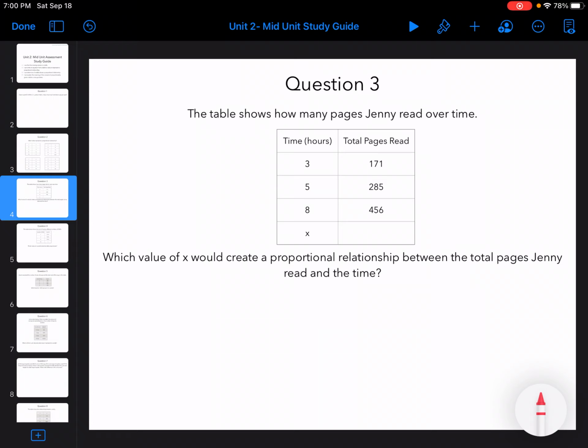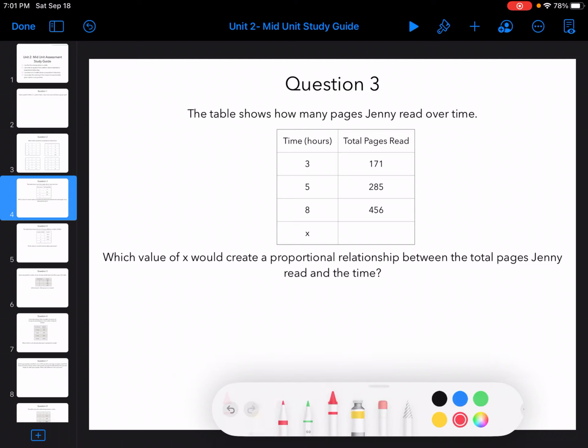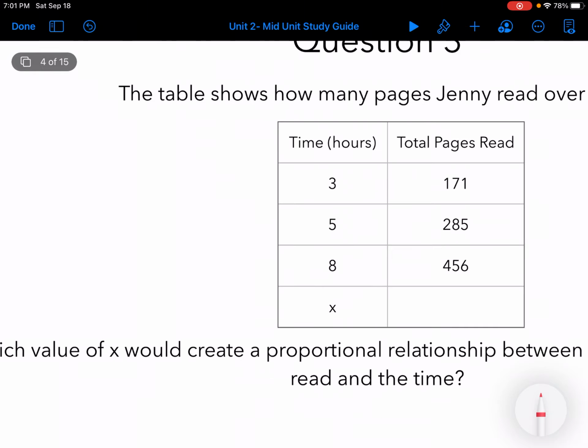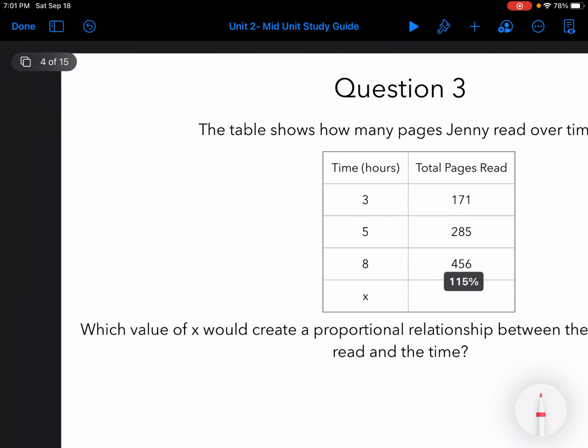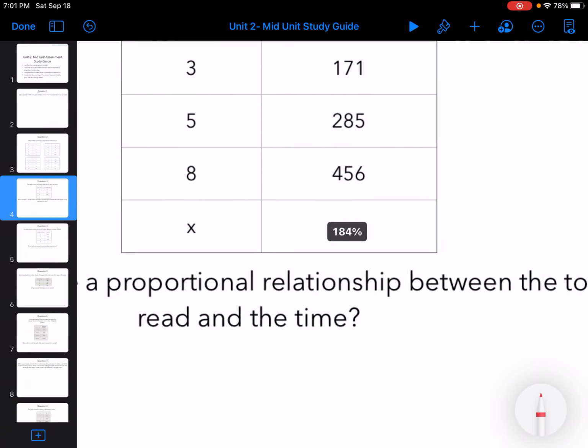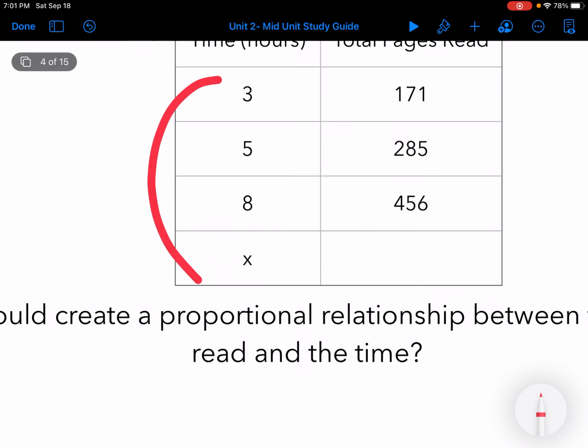The table shows how many pages Jenny read over time. Which value of X would create a proportional relationship between the total pages Jenny read and the time? So I want to find how much it is for 1.